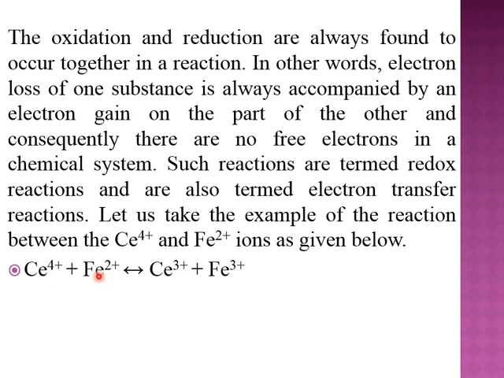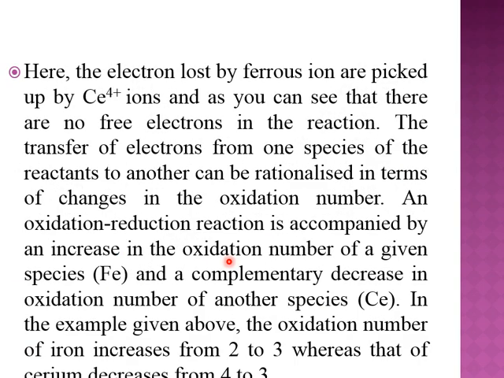Here the electron transfers from ferrous to cerium. Ferrous loses an electron, so it is oxidized, and cerium gains an electron, so it is reduced. Ferrous is oxidized to ferric, and cerium +4 is reduced to cerium +3. The electron lost by ferrous is picked up by cerium, so there is no free electron in the reaction.